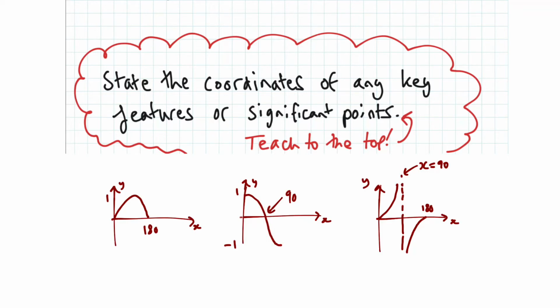The tan graph does something completely different. It's not even a continuous curve. There's this asymptote where x is 90 there, so that's a place where the graph never goes, and it starts at 0 and it goes up to infinity there, and then it starts at -infinity and then goes back up to 0. So that's the graph of tan x from 0 to 180. So that's what they look like.